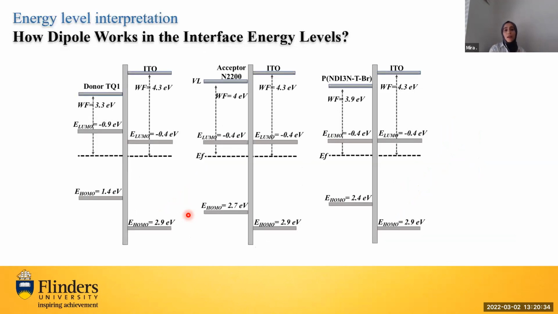So now here is the energy level for all the samples, for the individual TQ1, N2200 and P11, and we want to know how the dipole works at the interface. We know from the UPS result there is a dipole at the interface between TQ1 and P11 and between N2200 and P11, and all these values here were obtained from the electron spectroscopy.